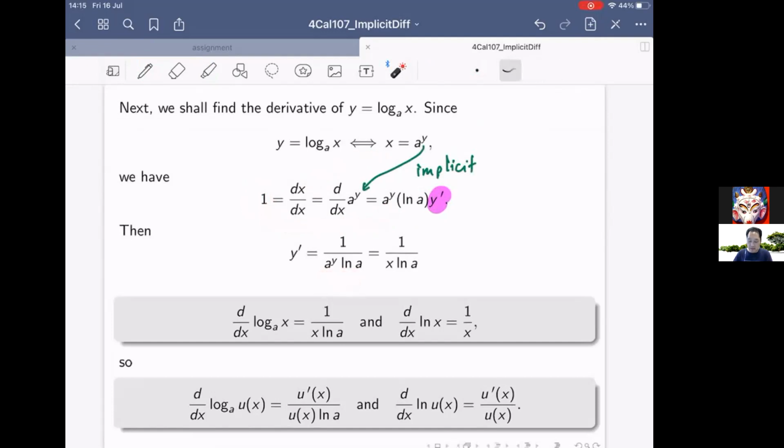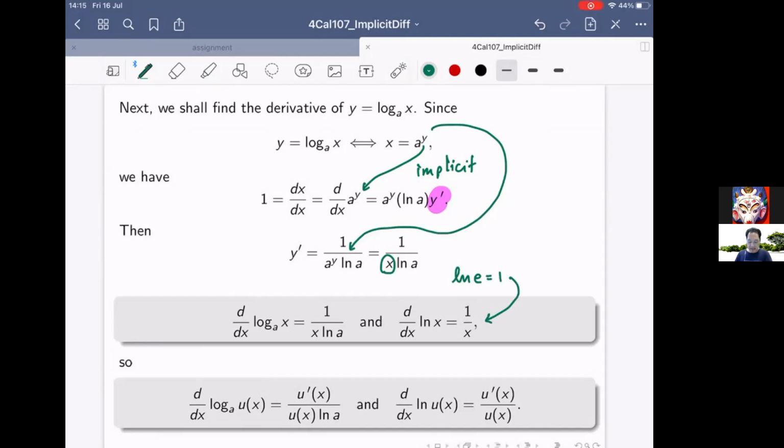But a to the y is what? It's dx. Your a to the y is simply x itself. So your y prime is 1 over x log of a. And if your a happens to be e, don't forget that log of e is 1. So that's why the derivative of log of x is simply 1 over x.